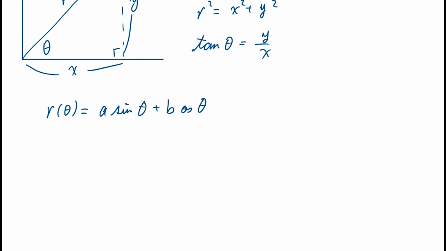Okay, let's take a concrete example, and then I'm going to redo this thing. So let's say r of theta happens to be, let's use the same example in the notes, 3 cosine theta plus 4 sine theta. I'm going to do cosine first. That's a little more straightforward.